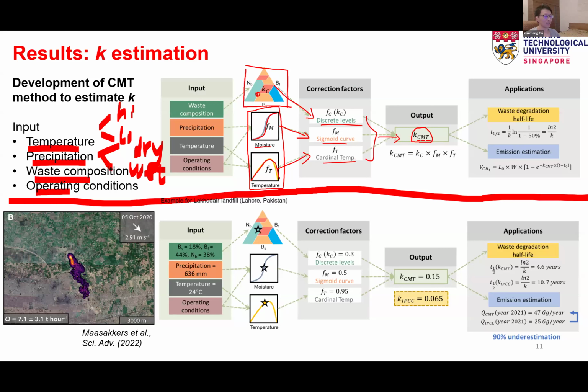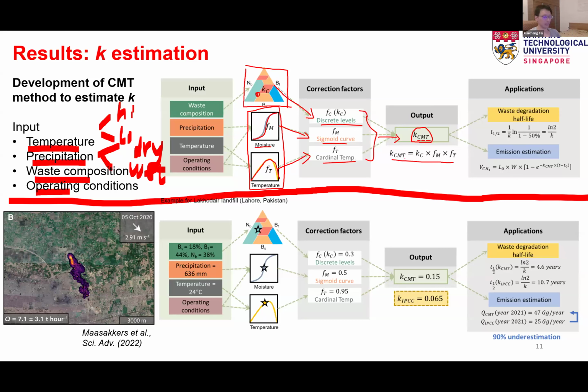So in the end, instead of getting one value from the IPCC table, which is a very simple table that tells you which K to choose from, we are taking another step further to select or determine three values and then calculate this new K value called KCMT.